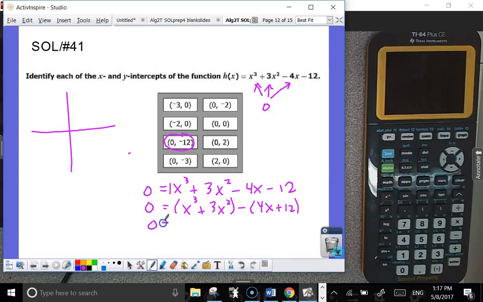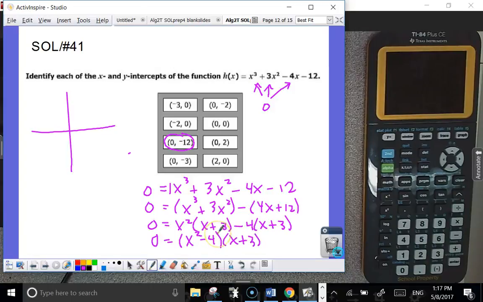So then you would have x squared times x plus 3 minus 4 times x plus 3. Right? So 0 equals x squared. That was wrong. Oh, no, that's right. x squared minus 4 times x plus 3.